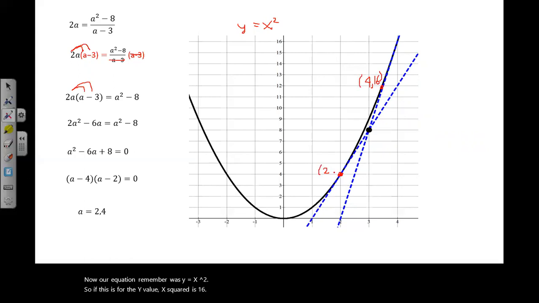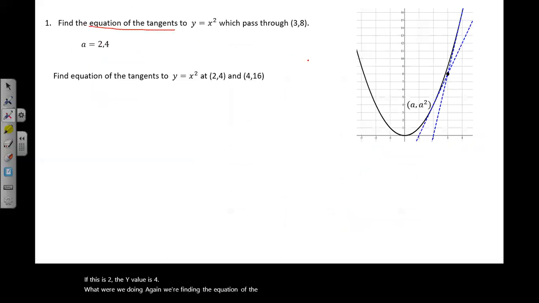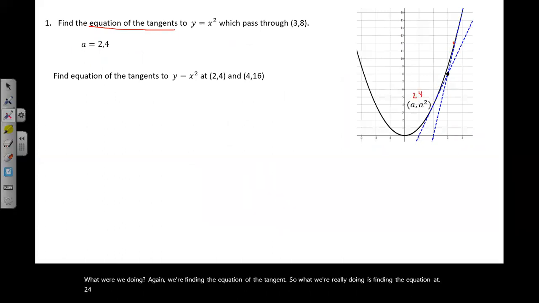If this is 2, the y value is 4. Neat. Now, what were we doing again? We were finding the equation of the tangent. So what we're really doing is finding the equation at (2, 4) and at (4, 16). So that's what we're really trying to do here.